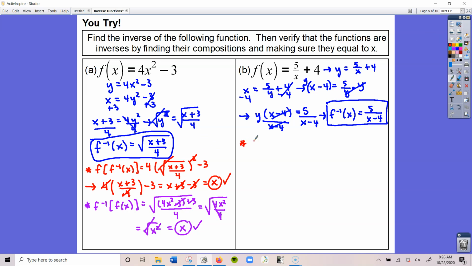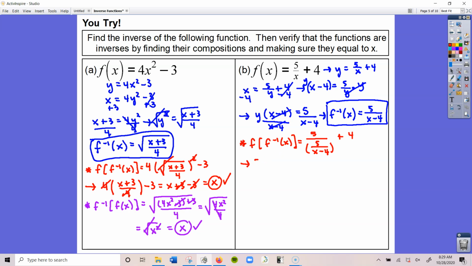So first I'm going to do my f of f inverse of x. So I'm going to copy down my f, so 5 over x plus 4. And in here I'm going to copy down my inverse. Now remember that we have to simplify this part first. And this we basically apply what we know about dividing fractions.